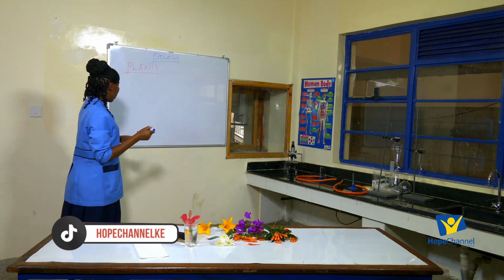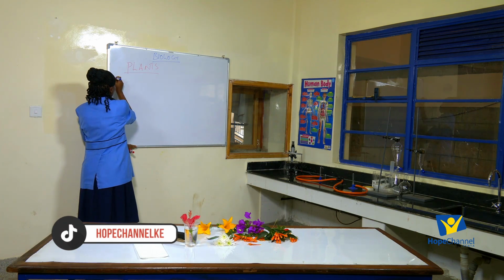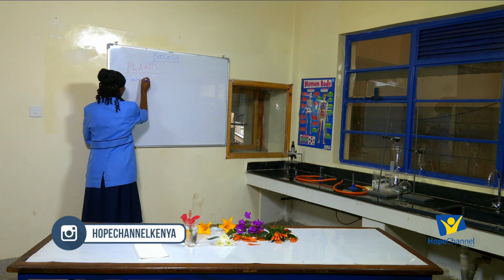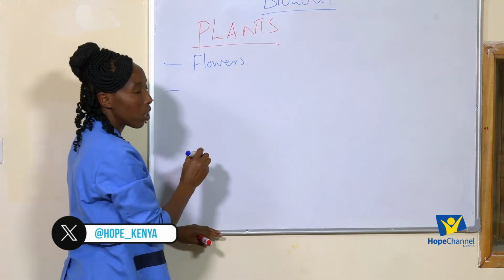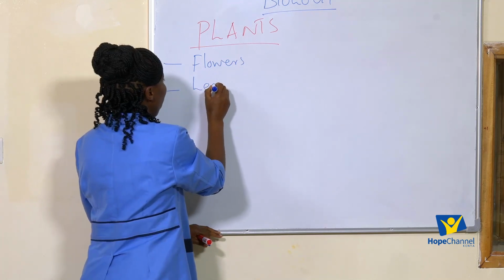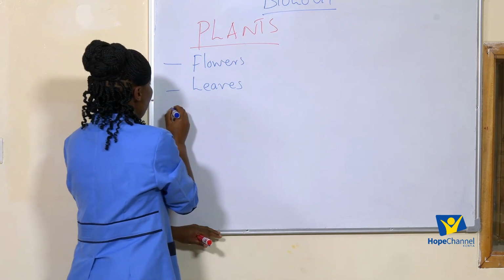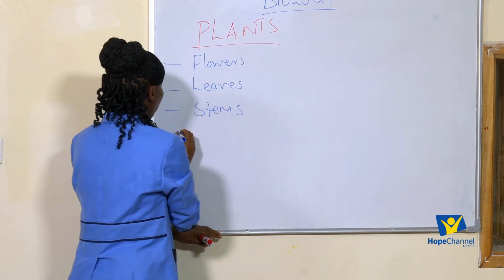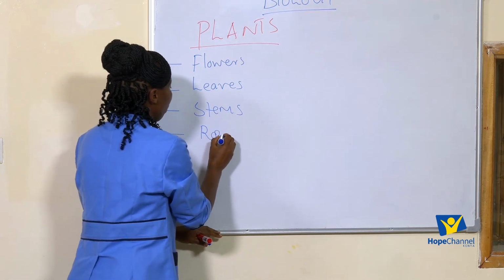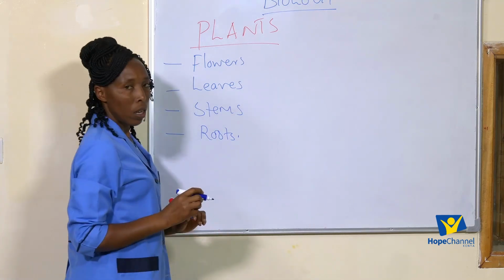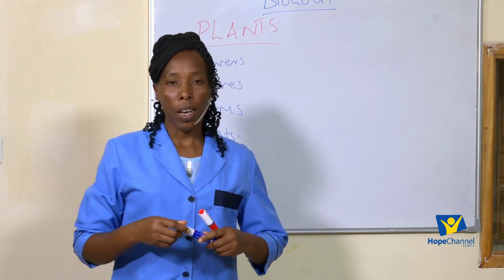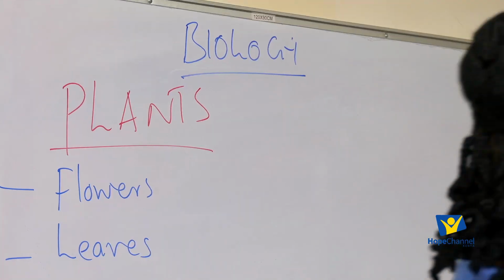Plants are differentiated into leaves. Plants have the stems. Plants have the roots. Those are the parts of plants, so we say they are organs in plants.